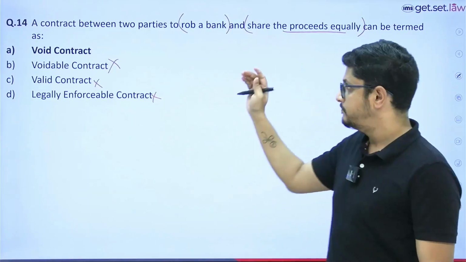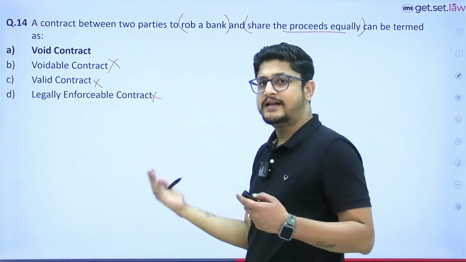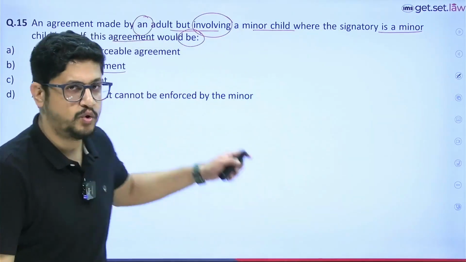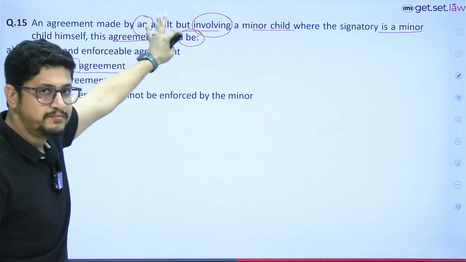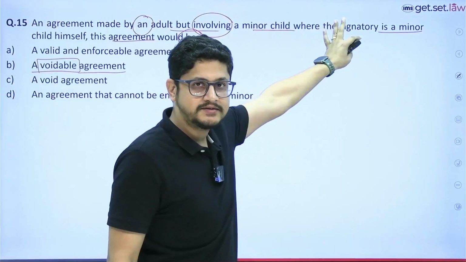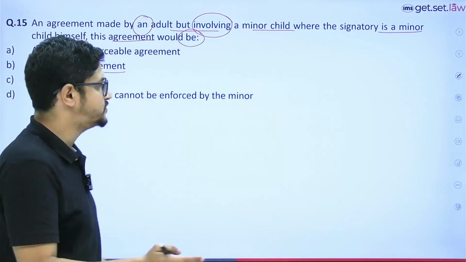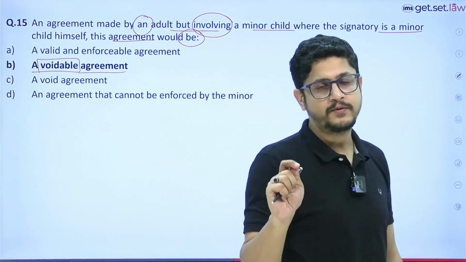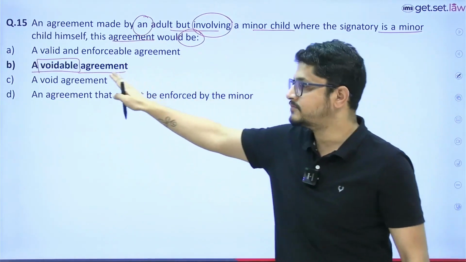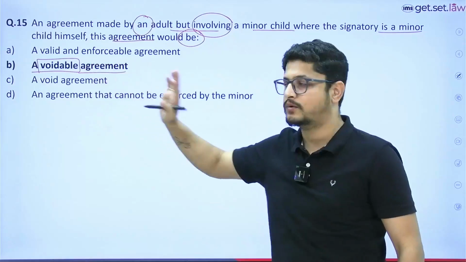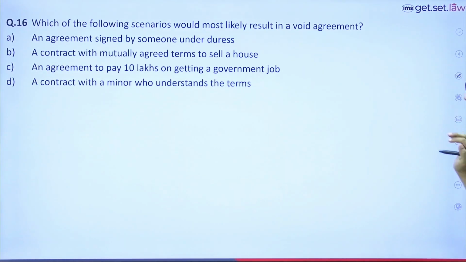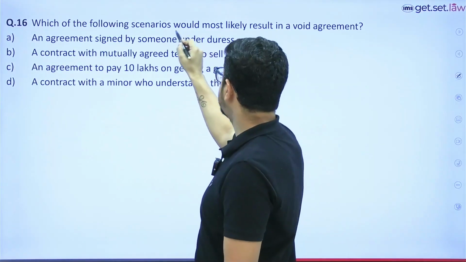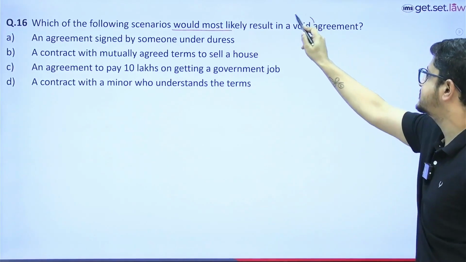It could have been something else, then maybe it would have come to valid or void. But over here, an agreement made by an adult involving a minor as a signatory is valid or void, both. That's why the answer is option B, not C. This is a debatable part, but the consortium has not accepted the objection and they went with option B. Now for the 16th one, which of the following scenarios would most likely result in a void agreement?